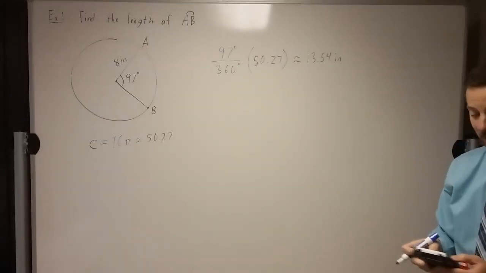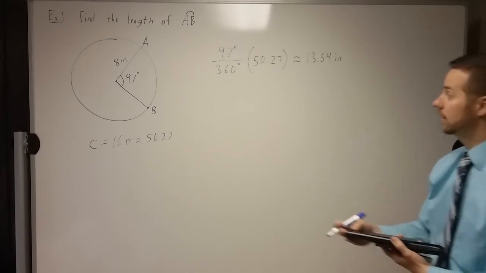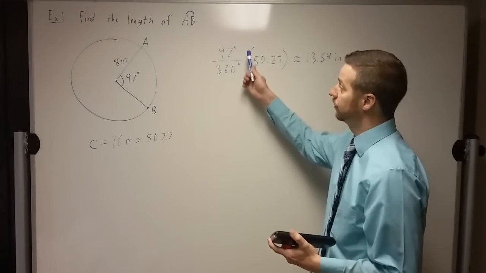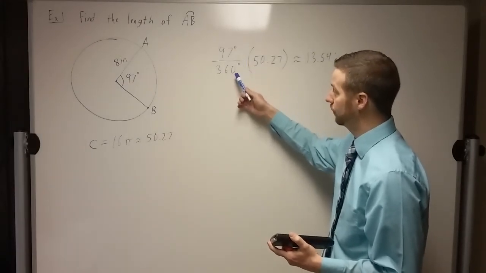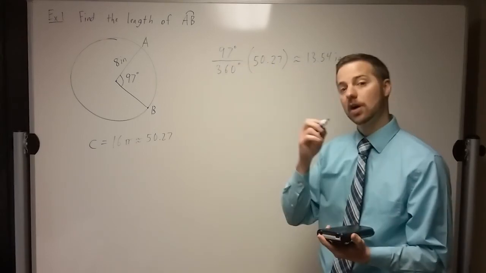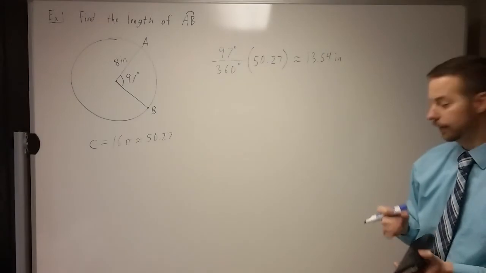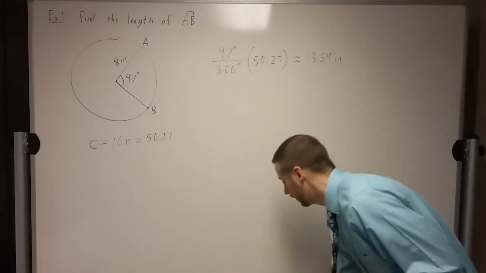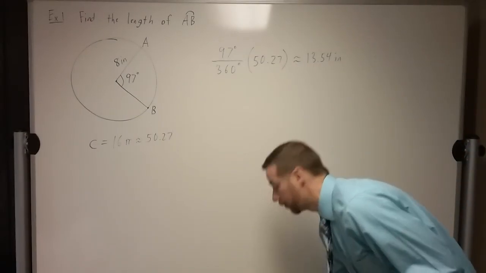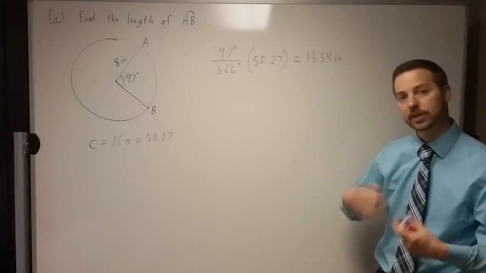All right, so there's kind of the general way to do this. And if you don't like this, if you'd rather do the proportion, this one would have looked like 97 over 360 equals x over 50.27, and then cross multiply and solve that thing. If you like that approach better, that would also work here. So there's how we find the length of an arc if we know the radius and we know how much of the circle we're using in degrees.